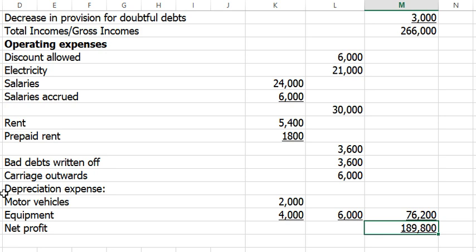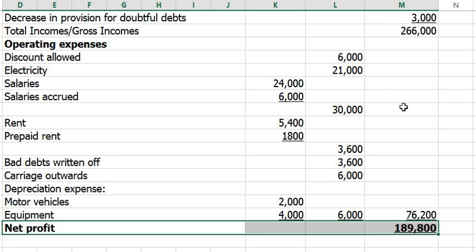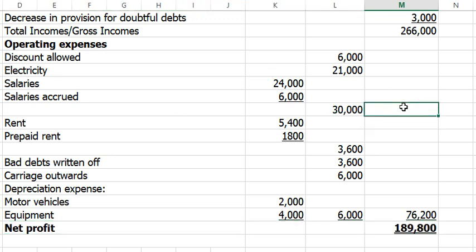So that is the statement of profit or loss, or sometimes referred to as the income statement. It is prepared to determine the financial performance. How is the business performing? Is it making a profit or is it making a loss?